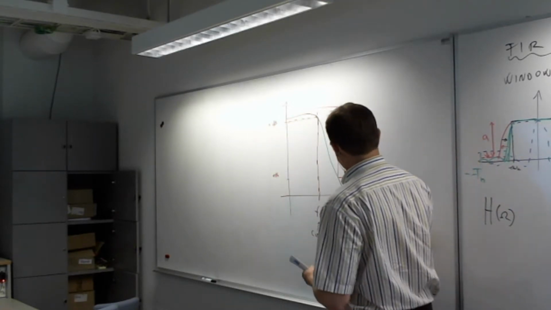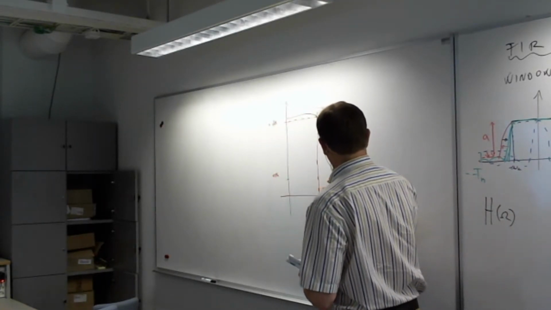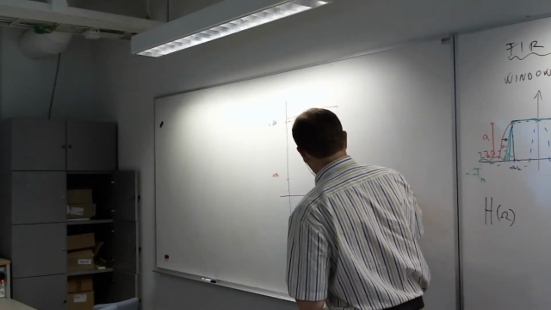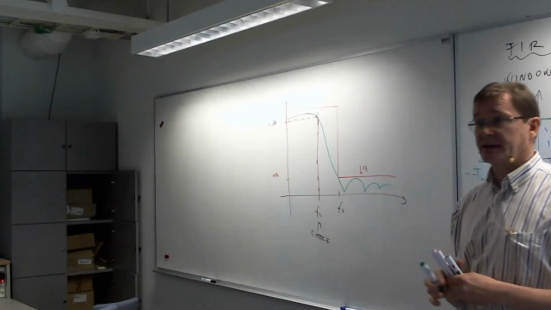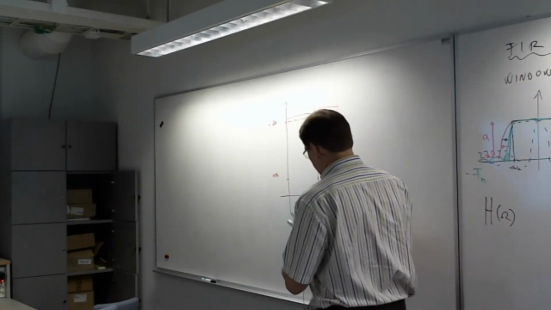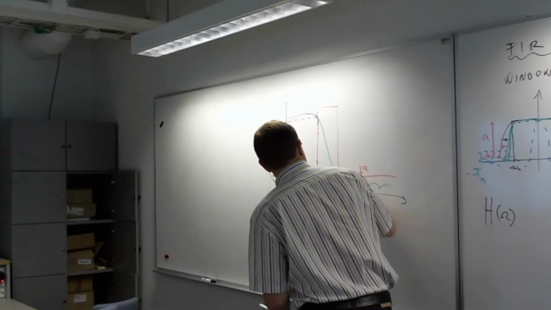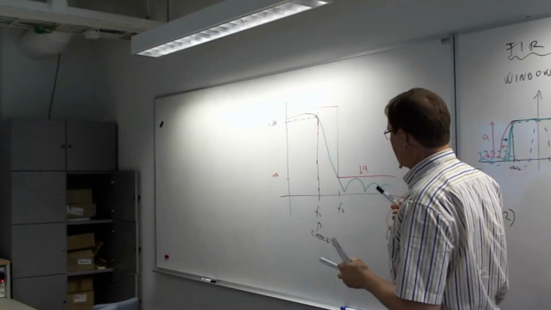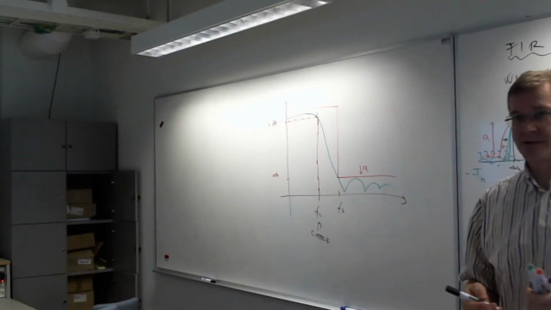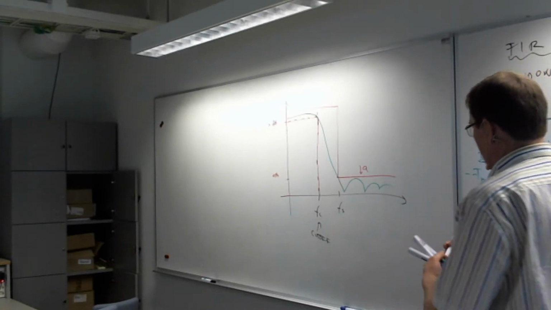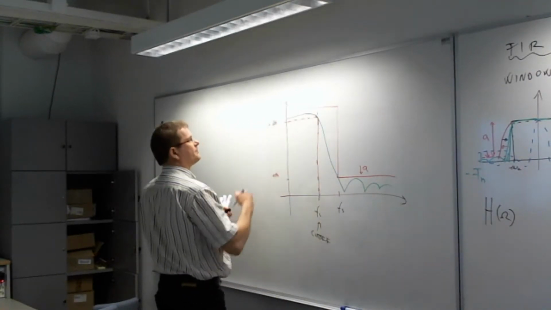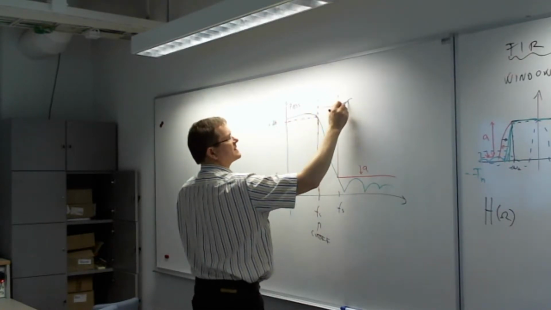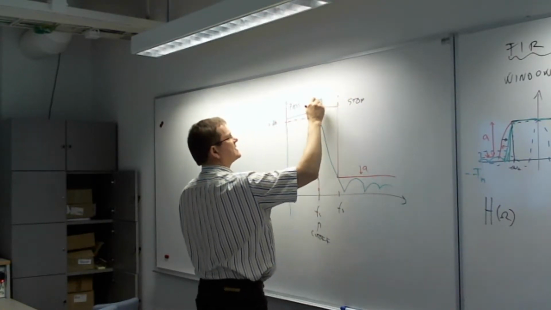So after the stop band start frequency, the filter should attenuate the signal at least at a certain rate. Okay, so those are the design parameters for any low-pass filter. That's the pass band, that's the stop band, and this is the transition band.